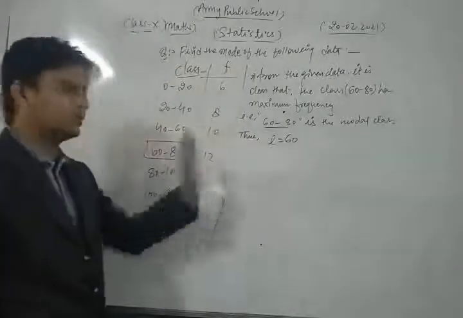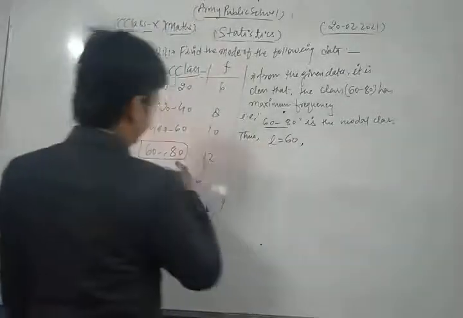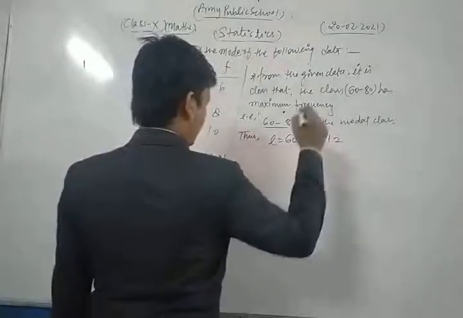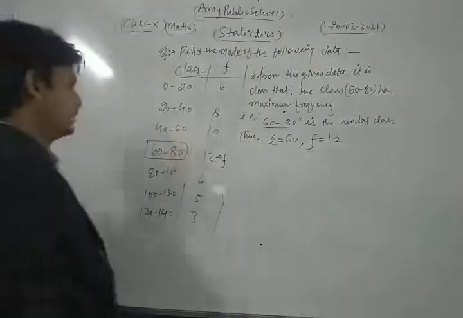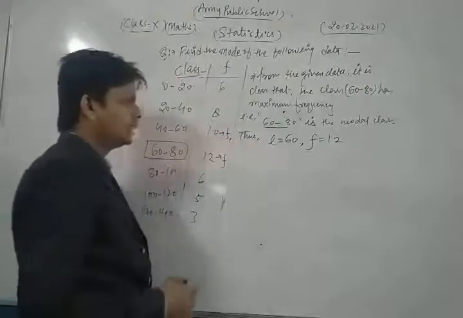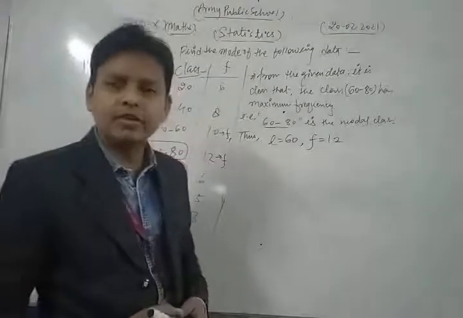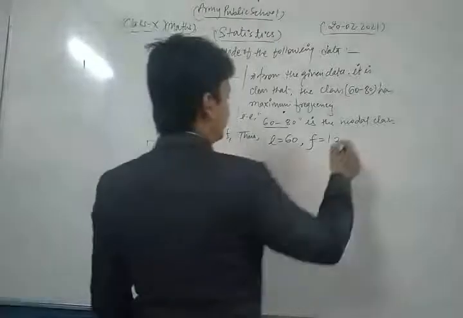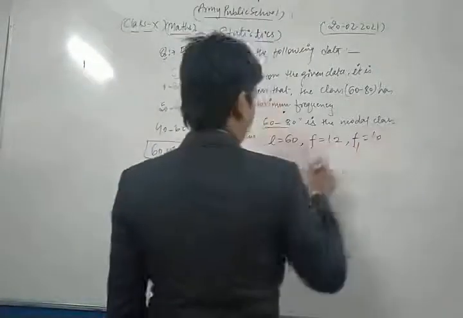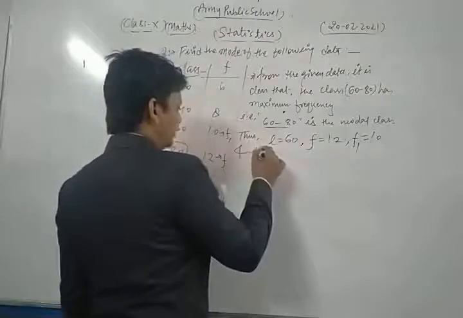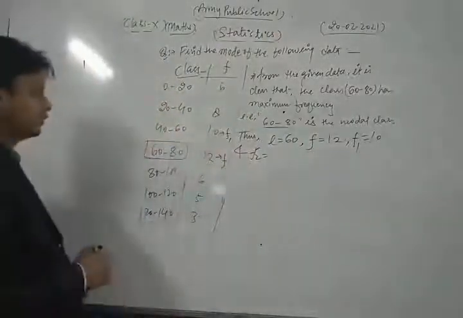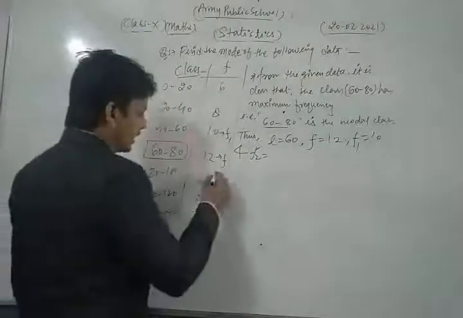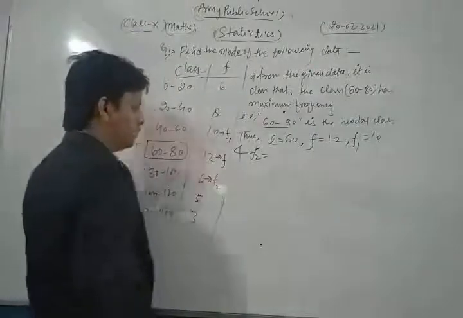Now F, the frequency of the modal class, is 12. Now F1 is the frequency of the class just preceding the modal class. F1 is 10. And finally F2 is the frequency of the class just following the modal class.